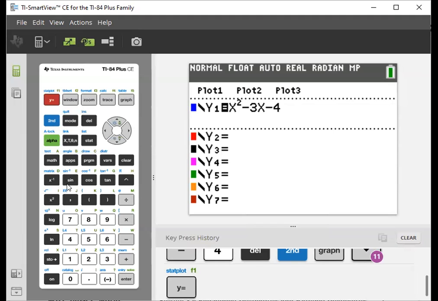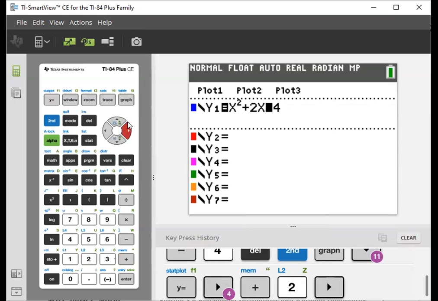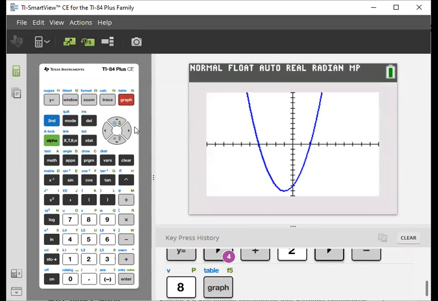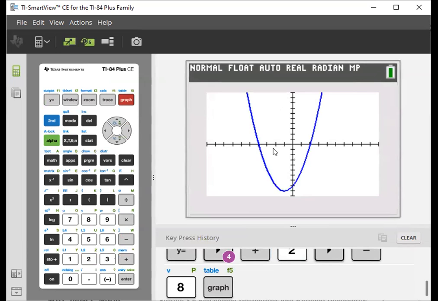So x squared plus 2x, and then -8. I'm going to go ahead and graph that. Okay, just so I can kind of keep in mind. Now, if I'm looking for things that are less than the x-axis or y equals 0, then my answer should be this interval from here to here. Y'all agree? Because those are the things that are down here at the bottom.